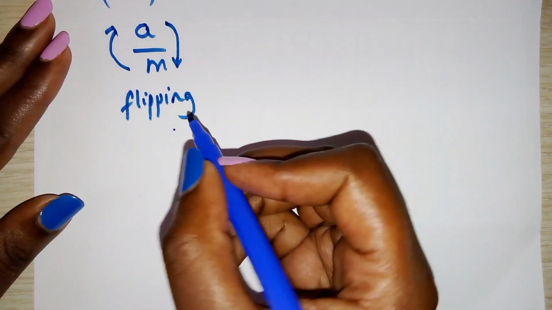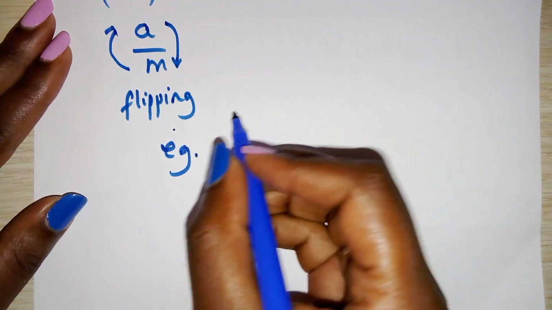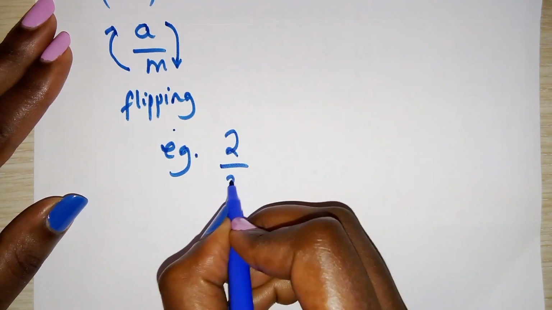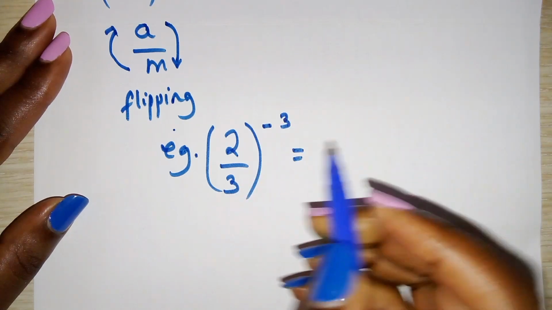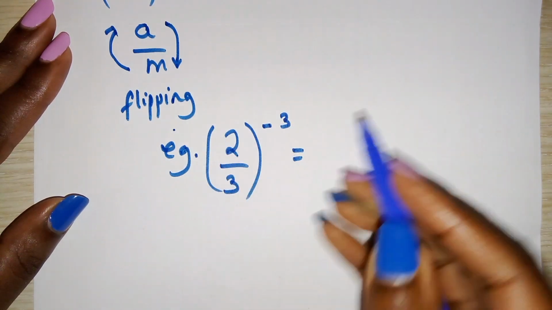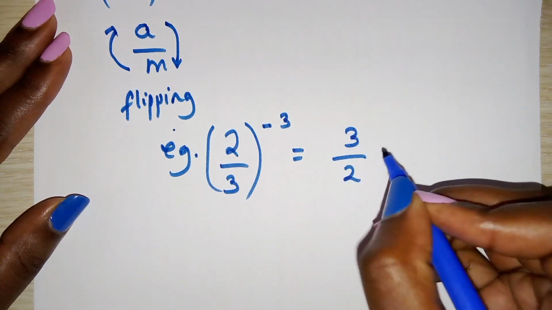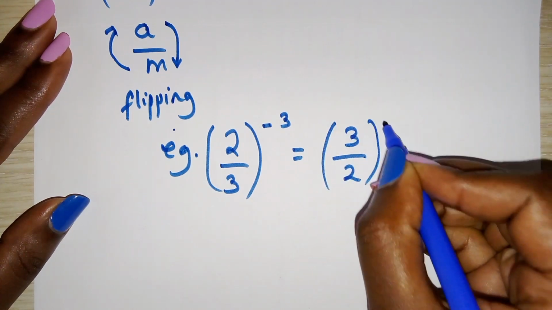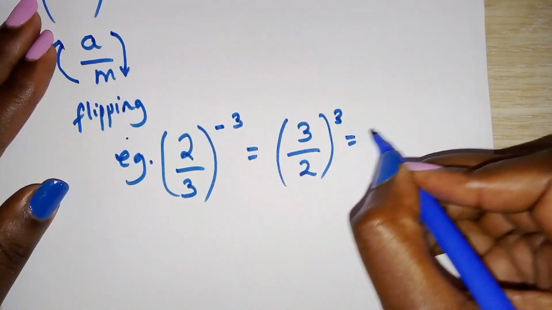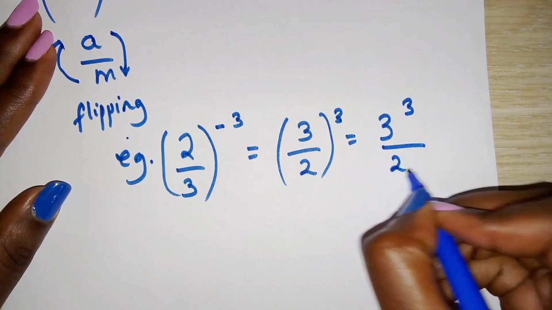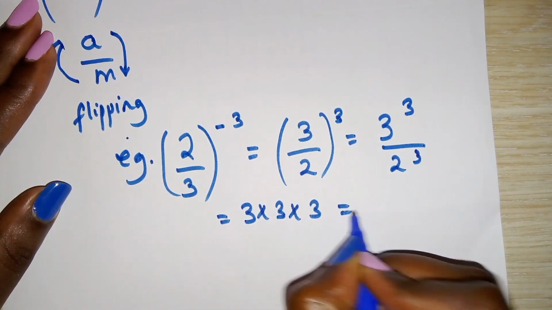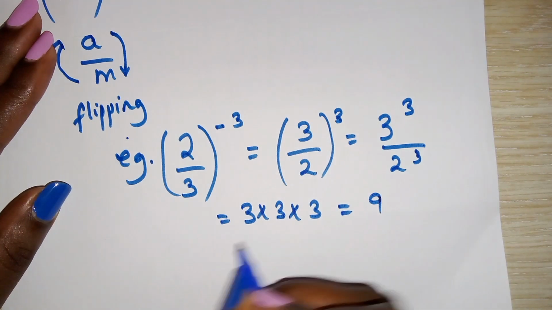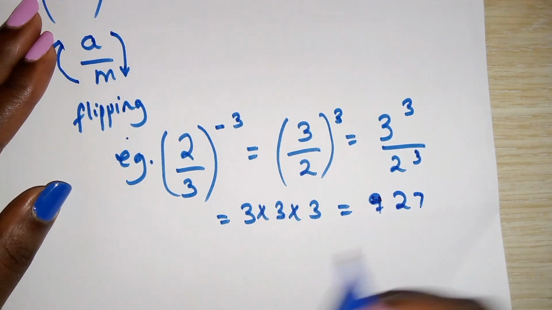Let's look at an example. Let's say we have (2 over 3) to the negative 3. First of all, let's reciprocate this one. It becomes 3 over 2, power 3. So that's the same as 3 to the power 3 over 2 to the power 3. 3 times 3 times 3 equals, sorry, it's not 9, 27.